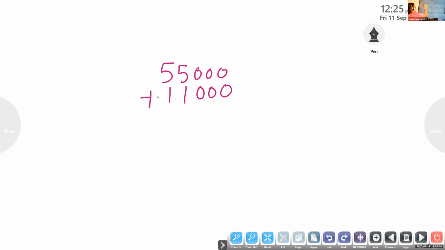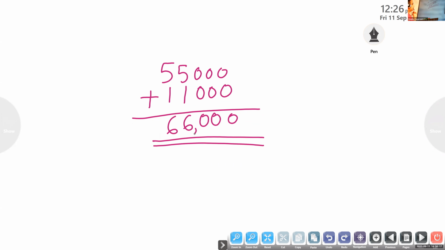Please check the question: is it subtract or add? 0 plus 0, 0. 5 plus 1, 6. Can you read this number? 66,000. Very good. Children, please check whether it is add or subtract. When we add, there is no carryover. So very easy question.